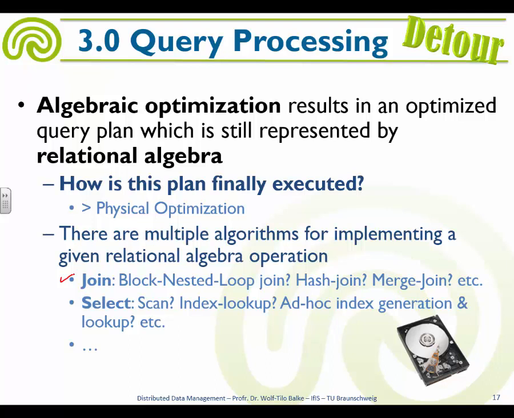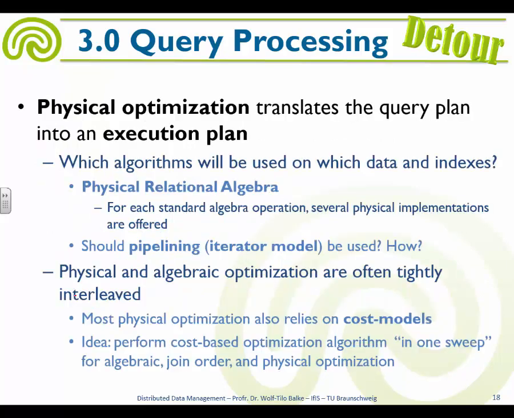We need to decide which one might apply better for the query that we have at hand. And for doing that, you need to rely on the system state. Yeah? This is at the core of the physical optimization. You do the same for selection. So we do a scan, or maybe we have an index that we can use to do a very quick lookup. And these are the tasks that we actually use in physical optimization.